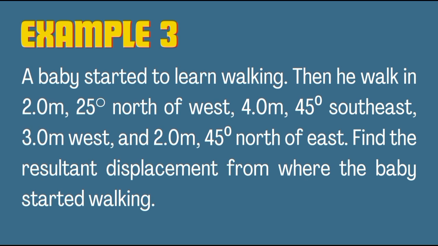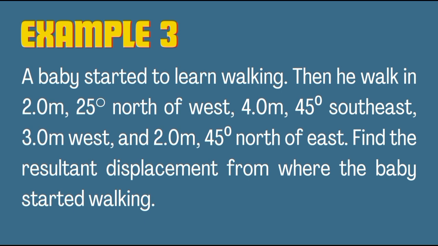For example 3, a baby started to learn walking. Then he walked 2.0 meters 25 degrees north of west, 4.0 meters 45 degrees southeast, 3 meters west, and 2 meters 45 degrees north of east.